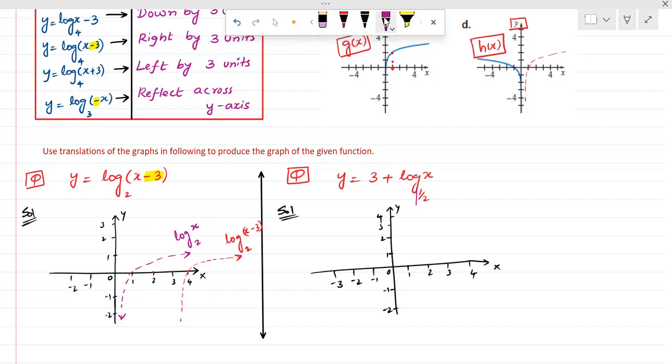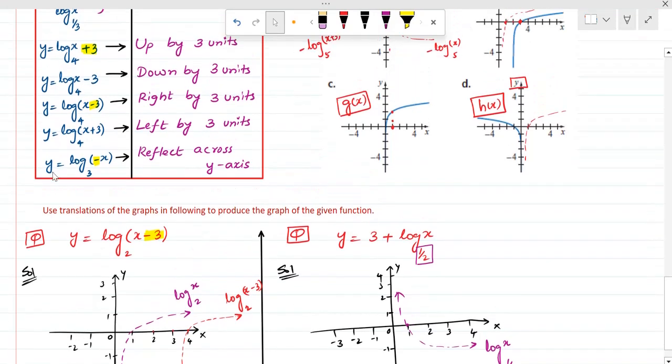Since the base is less than 1, it will be decreasing. The standard graph will be like this. This is log x base 1 over 2. Now it is plus 3. Plus 3 means it is up by 3 units.